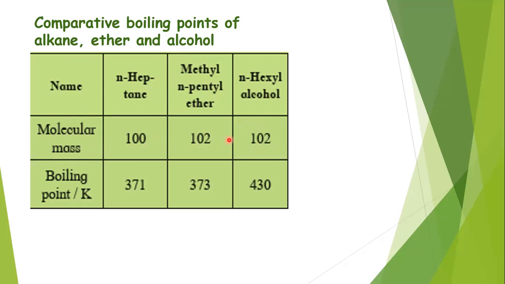Nearly similar molar mass, but different compounds are taken. This is alkane, this is ether, and this is alcohol. Their boiling points are as this: 371 Kelvin. For ether, it is 373 Kelvin.